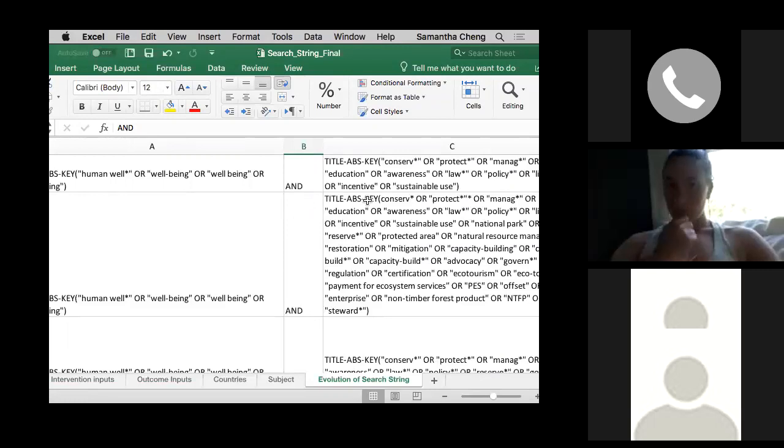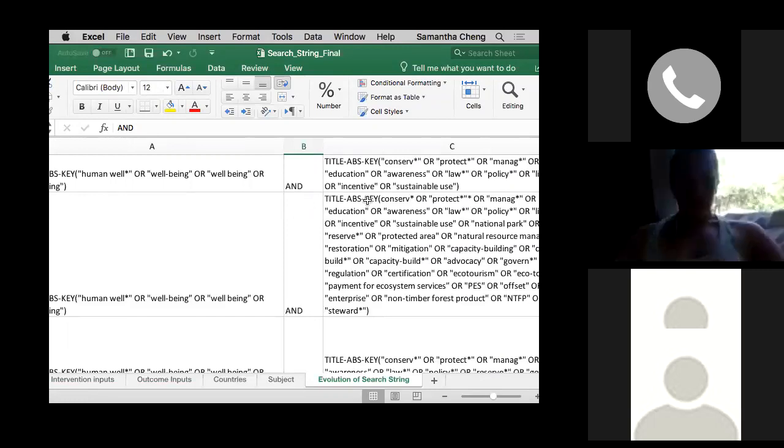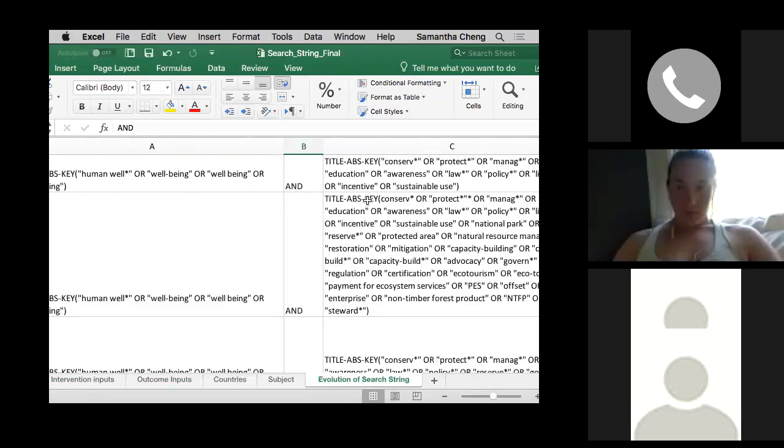It'll tell you, when you go into a database and want to search just title, abstracts, and keywords, what sort of header you need to put in front of it. For Web of Science, it's TS equals, and then your search string. For Scopus, it's title abs key, and then the parentheses. So you'll have to modify the different parts of your search string depending on which database you're looking at. But this part of your search string should remain the same.